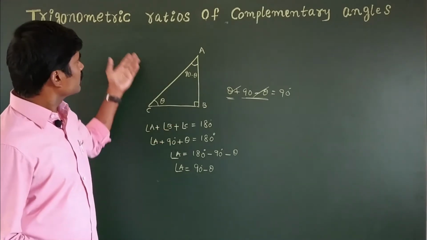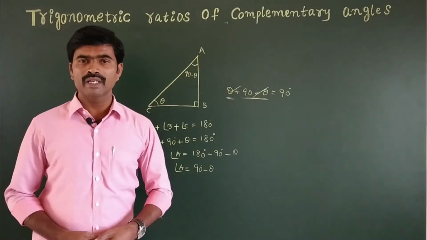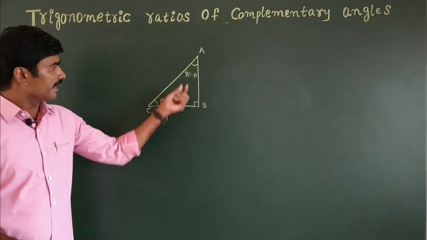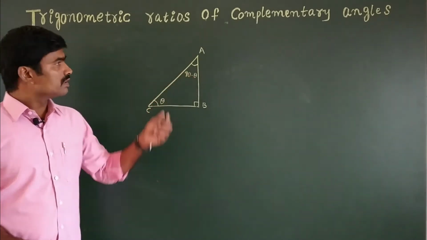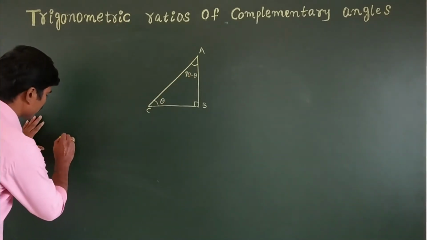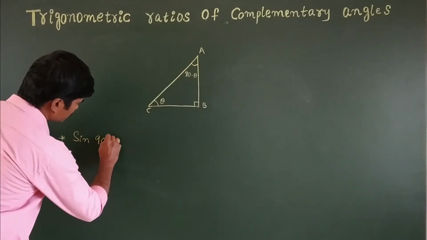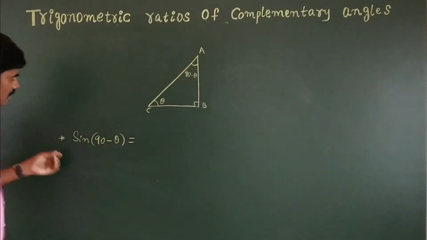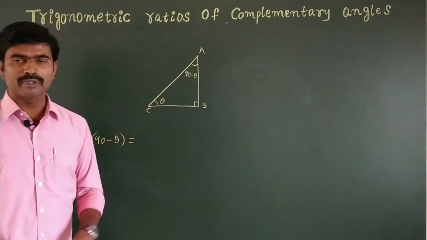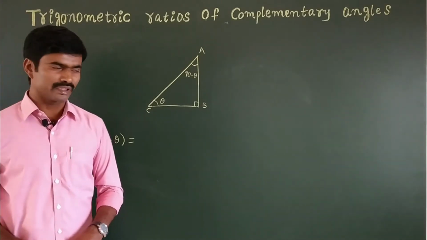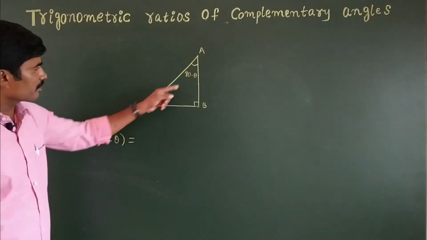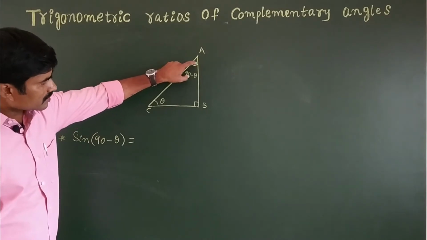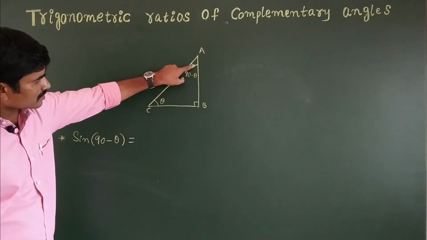So what are the trigonometric ratios of complementary angles? At 90 minus theta, check all the trigonometric ratios. Sin 90 minus theta: sin theta means opposite side by hypotenuse, but here for the angle 90 minus theta, what is the opposite side?